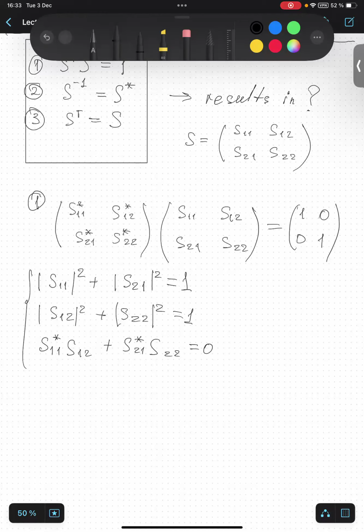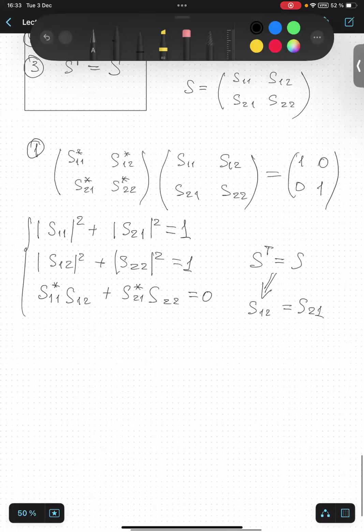What do we know? We know that after we transpose the S matrix, nothing happens. So we can say that S12 in this case equals S21. Perfect. Then from the first and the second equation, what do we have?